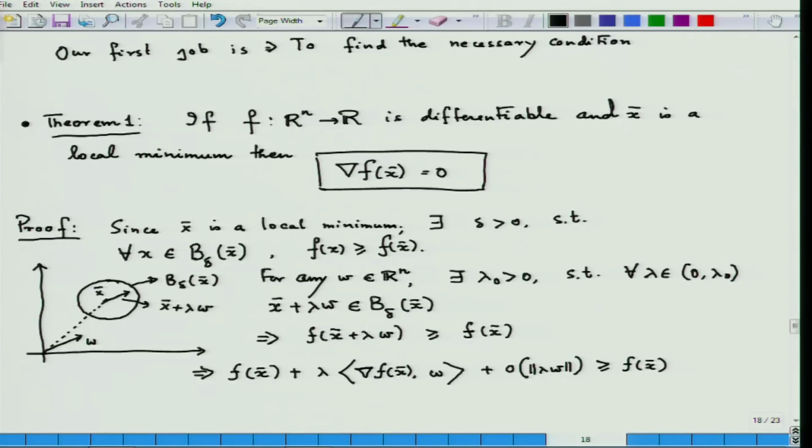This also means the following: that lambda times grad f x bar transpose w plus small o of norm of lambda w is greater than or equal to 0. This is what you would get, because I will cancel f x bar from both sides.